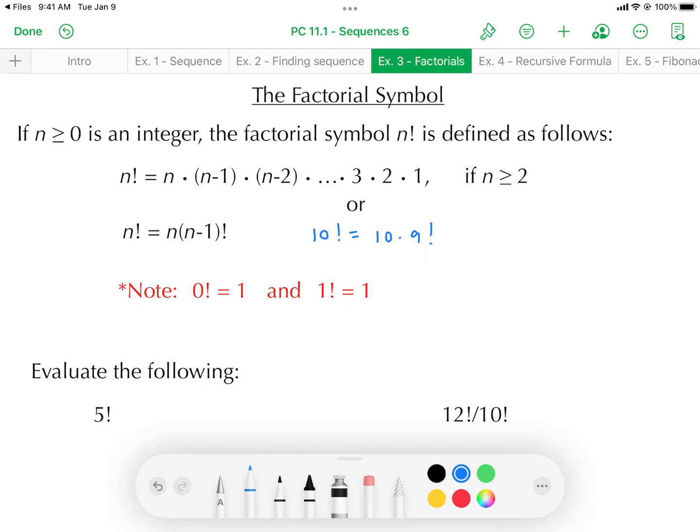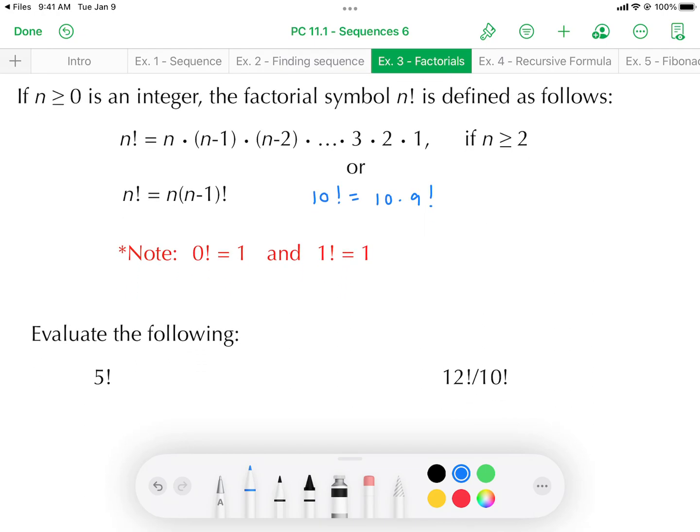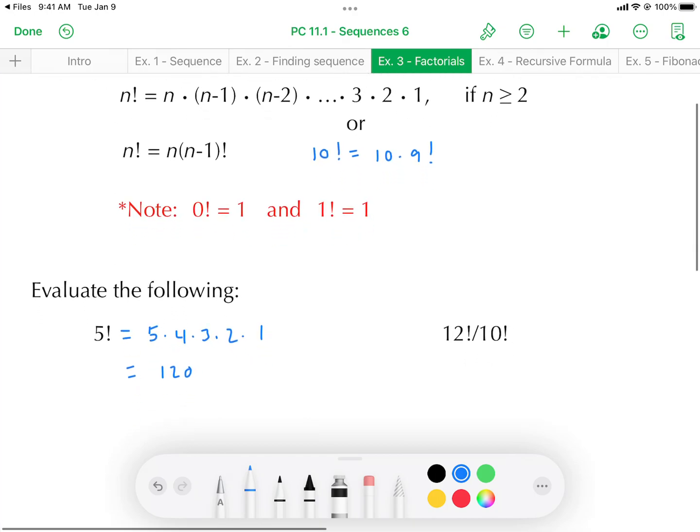So as an example, 5 factorial is 5 times 4 times 3 times 2 times 1, right? Or 120. So this result of 120 means if I have 5 different items and I'm trying to find all of the different possible ways of ordering those, there's 120 different ways.